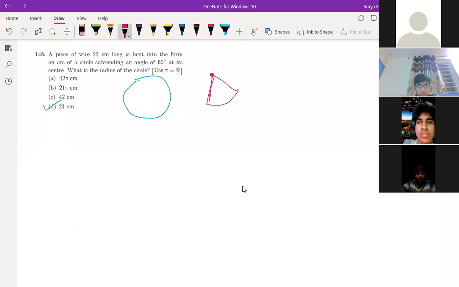This is what they're asking. How to find this? This is 22 centimeter. This is the radius, so 2 pi r is equal to what? 22. Correct. So 2 into 22 by 7 into r is equal to 22. 22 cancel. So r is equal to 3.5 or 7 by 2.